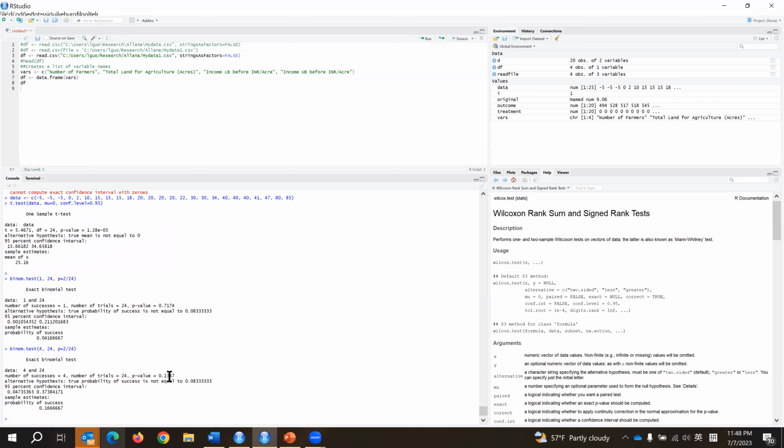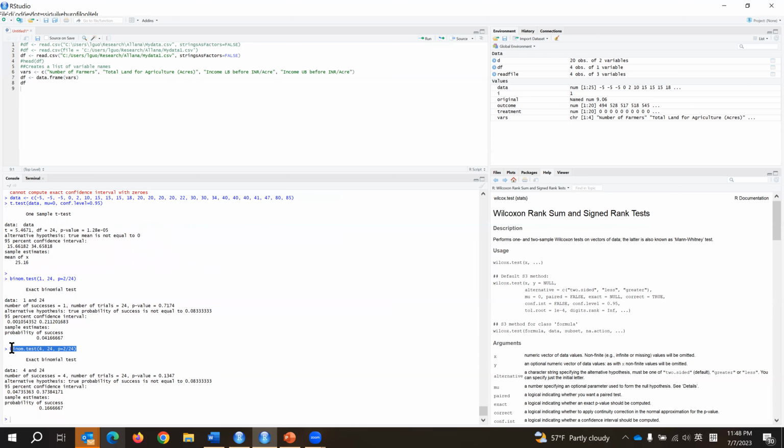Then what happens is this p-value here is lower, which means if the probability of each trial is 2 out of 24, then the chance to have 4 negative out of 24 is this much, is lower, right? Still, this range here does not contain 0.5.